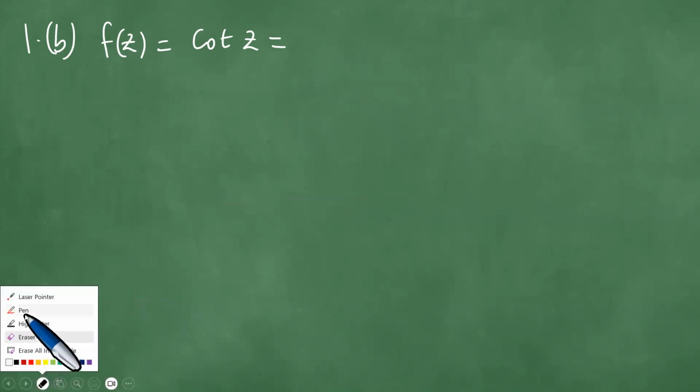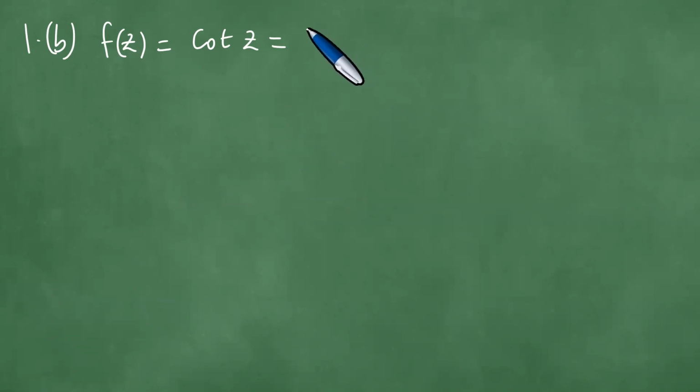Right, so we proceed to solve this and we say the cotangent is the same as cosine z divided by the sine of z.